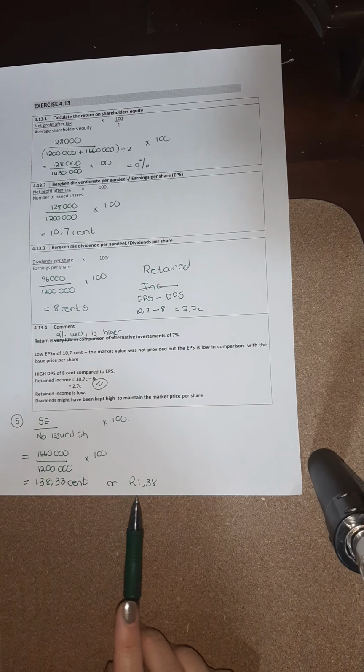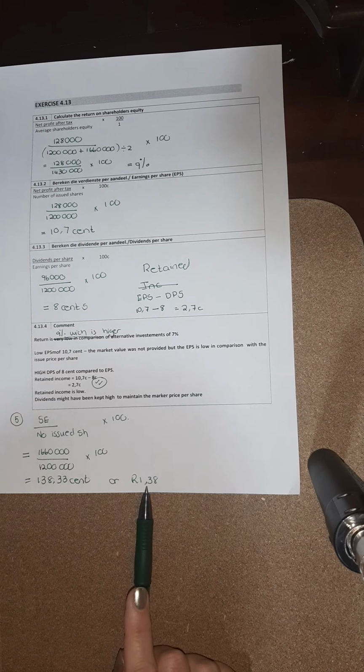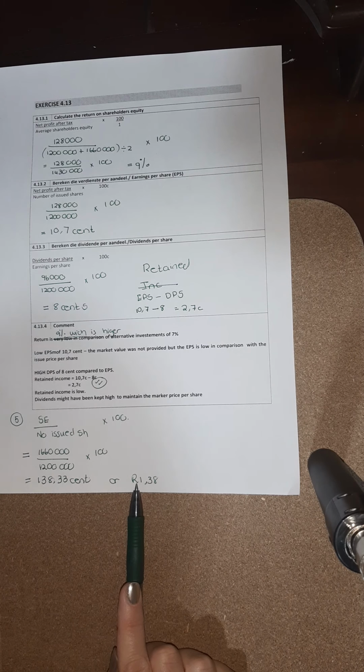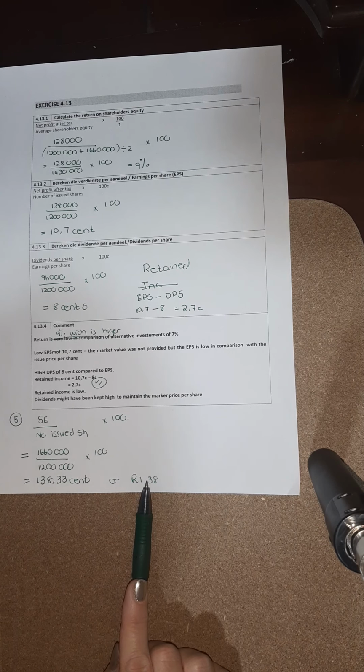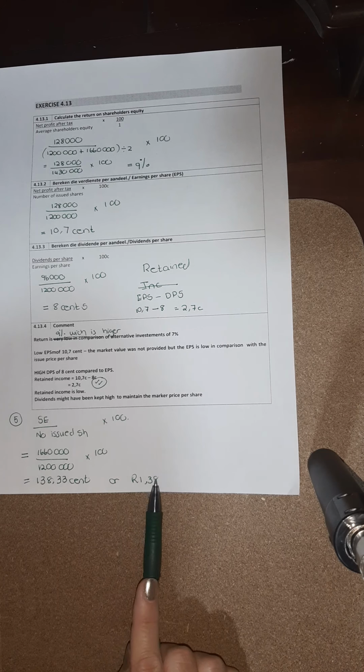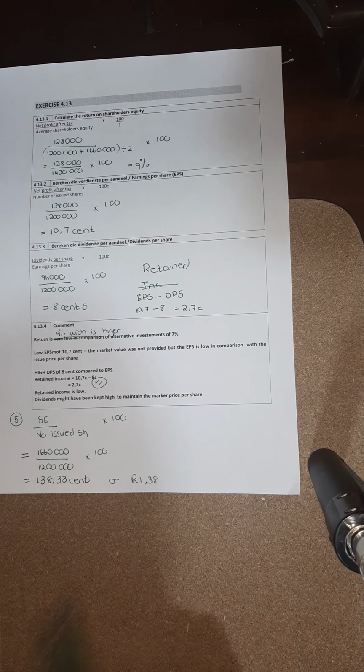All right, let's say we sell the shares at R1 each. It means these shares are worth more than what we are selling them for. So if I were a potential shareholder and I want to buy shares, would I buy these shares? Yes, because this shows that the company is growing.